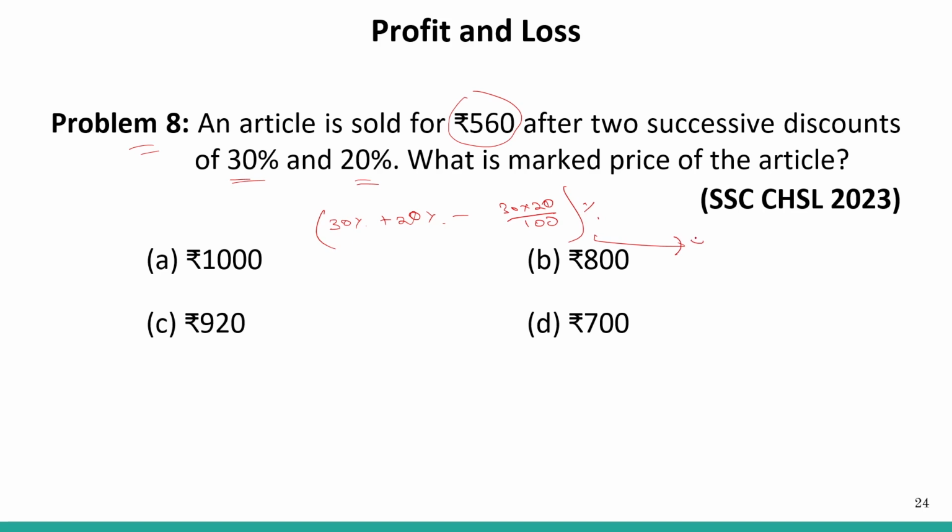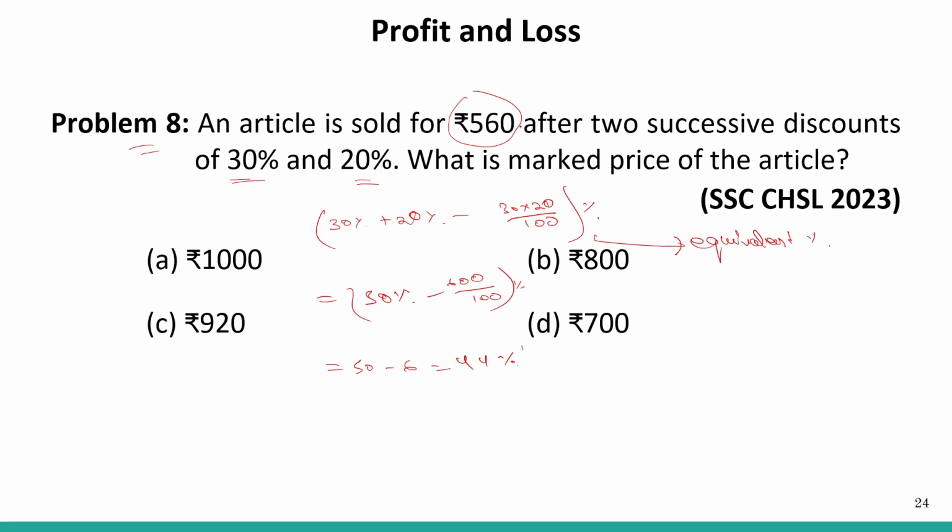So this will be 50% minus 600 by 100. So this is equal to 50 minus 6, which is equal to 44%. Okay. So this will be the equivalent discount after two successive discounts.